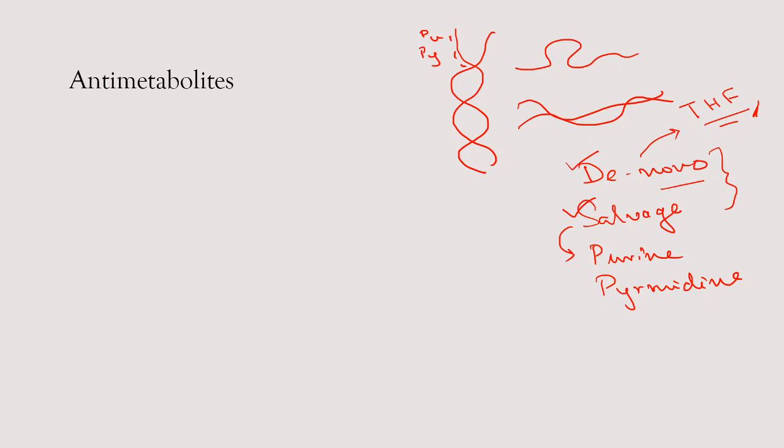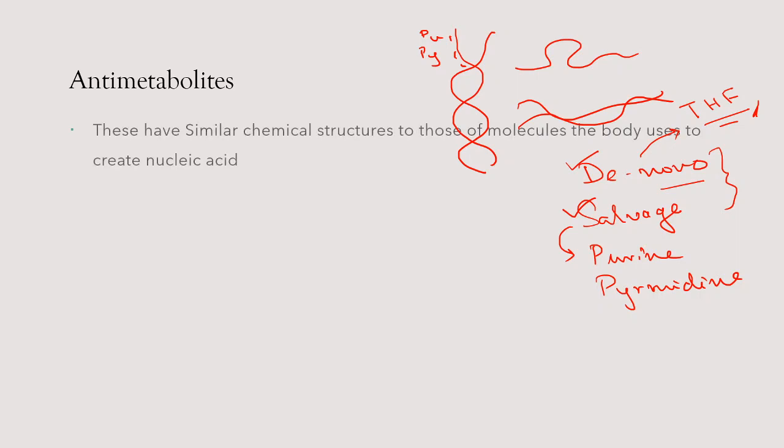Now, let us quickly check some important facts regarding antimetabolites. They generally have structures similar to those of the molecules the body uses to create nucleic acid. Obviously, this is something we have already discussed. Generally, they are low molecular weight compared to other drugs.